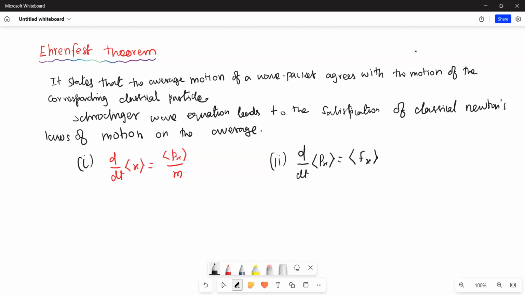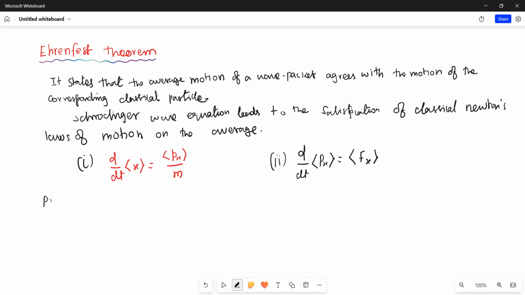These two are basic classical Newton's laws of motion. Now through this Ehrenfest theorem, we need to apply the quantum mechanical treatment on the basics of the classical Newton's law, and prove these.